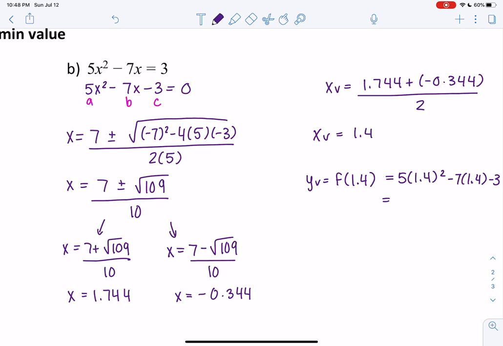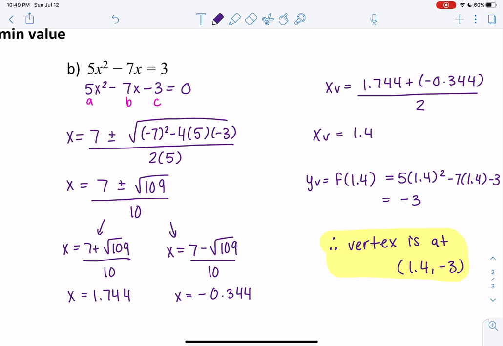And that will give us -3. So our vertex, like this. So again, our steps are find our roots. So you can factor it or you can use the quadratic formula. Find the middle of them, add them, divide by 2, and then sub that value in to find y.